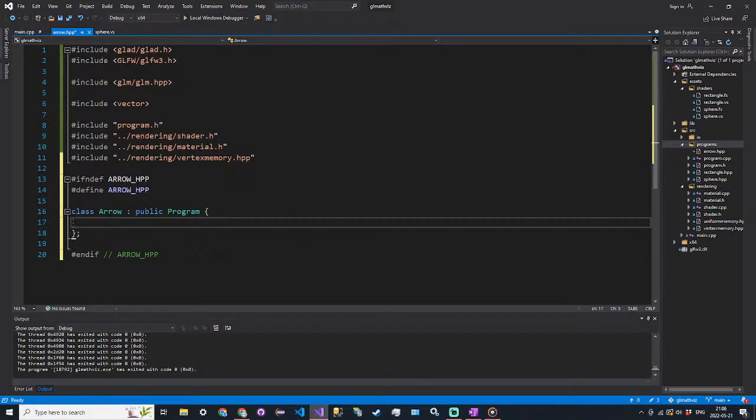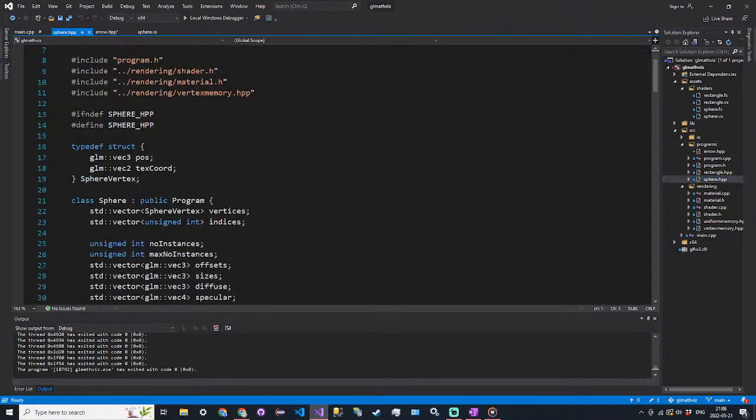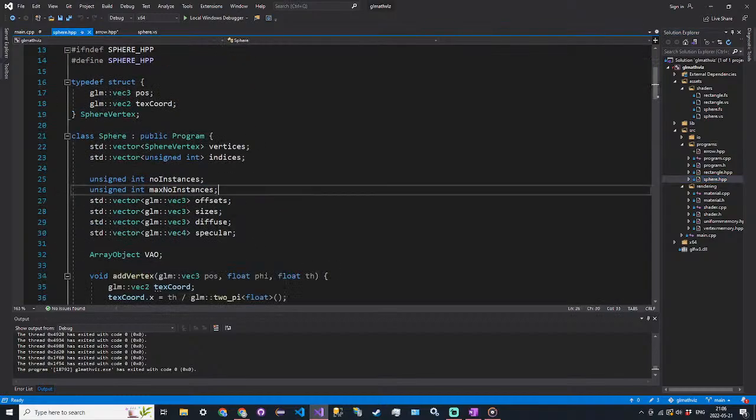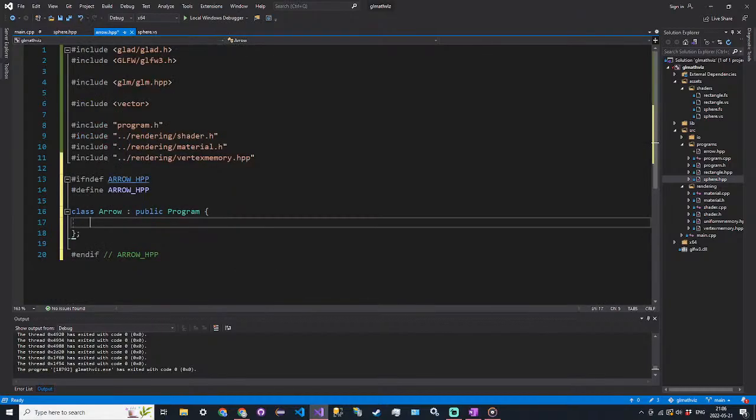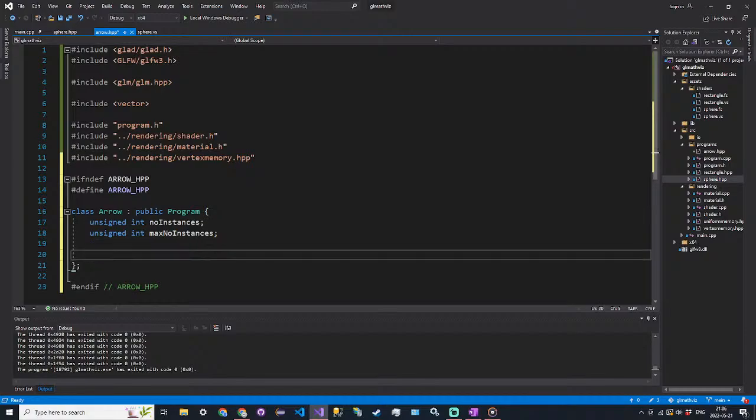So as with the sphere, we're going to have a bunch of lists. We're going to have to bound those lists just so we don't have a million instances. I mean, I suppose we could, but why? We're just going to bound it to make sure that we don't. So we'll have a standard vector.